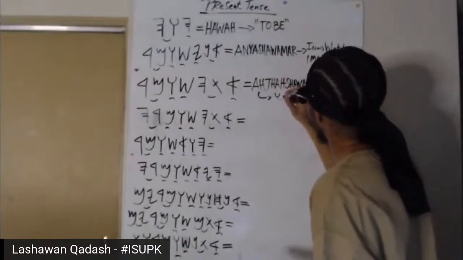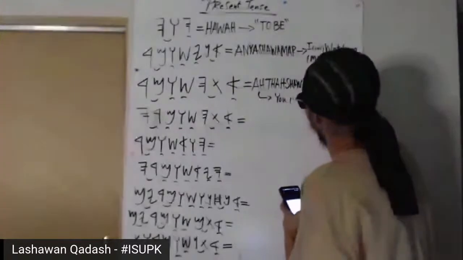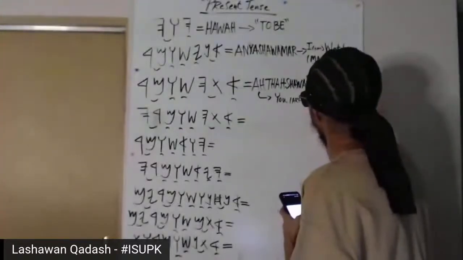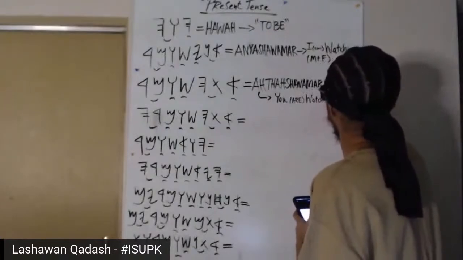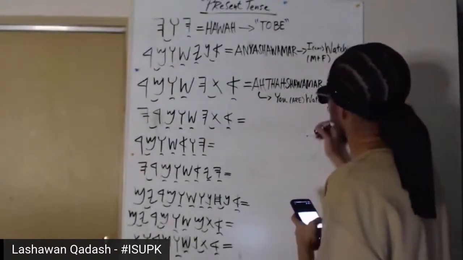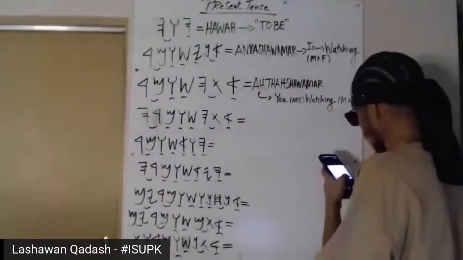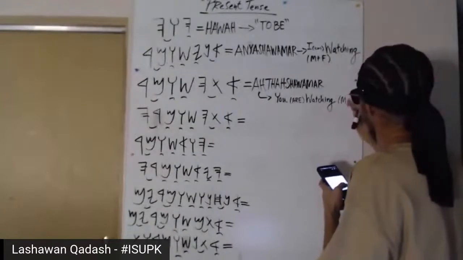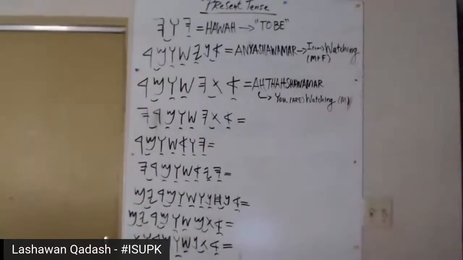I'm just going to put this in parentheses so it makes more sense: you watching. This also can be masculine, and that's pretty much it, just masculine for the atha.